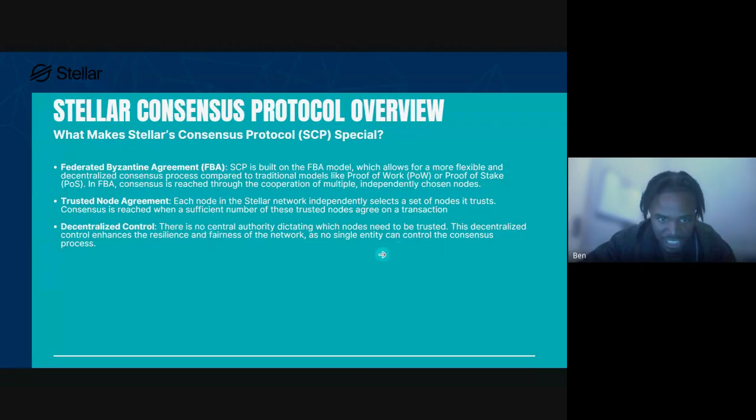Just a sufficient number of those nodes. And decentralized control, there is no central authority that dictates which nodes need to be trusted. So this decentralized control enhances the resilience and fairness of the network, as no single entity can control the consensus process.